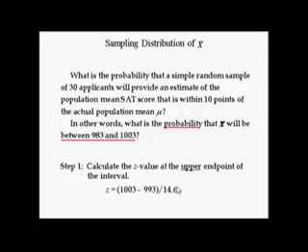But since this is a problem from Chapter 7, we divide it by the standard deviation of the mean, or the standard error, of 14.6. So the z-value of the upper endpoint of the interval is 0.68. This means 1003 is 0.68 standard deviations above the population mean of 993.